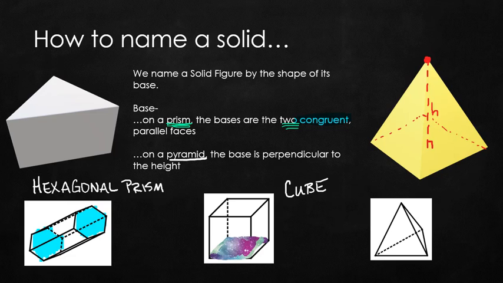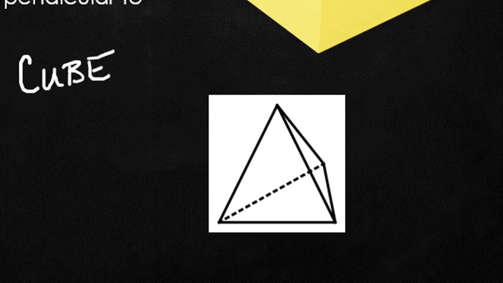And then over here we see an example of a pyramid. We have to first figure out what's the base. By looking at this one, the base is the part that is perpendicular to the height.